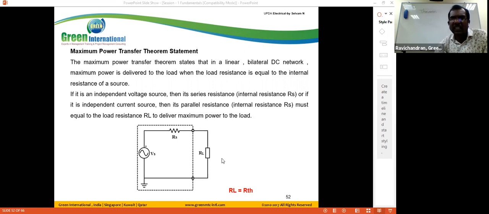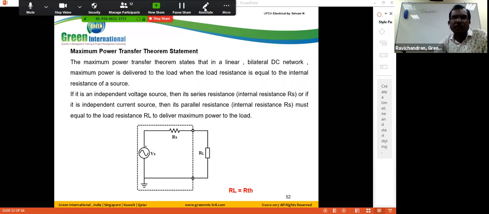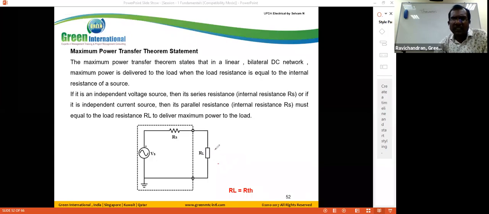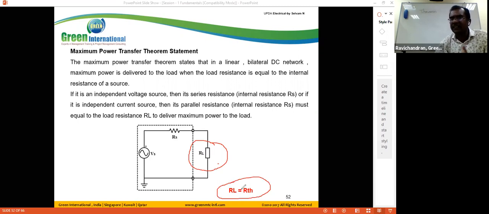The maximum power transfer theorem: this is the load resistance. To get the maximum power in that load resistance, certain conditions must be satisfied. If we satisfy these conditions, the maximum power is transferred from the source to the load. In general, this theorem is used in communication circuits and amplifiers.